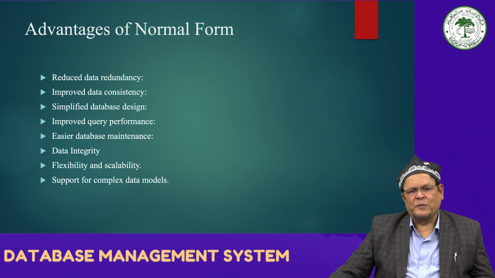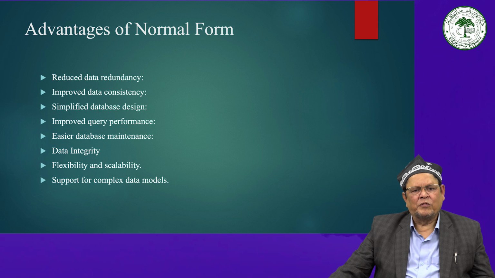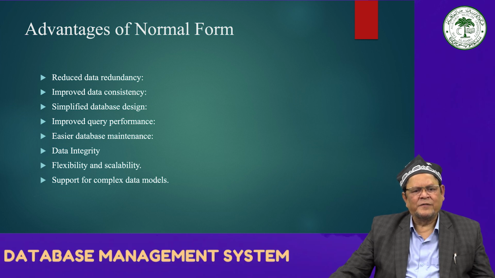Normalized tables are typically easier to search and retrieve data from, resulting in faster query performance. Next is easier database maintenance. Normalization reduces the complexity of a database by breaking it down into smaller, more manageable tables, making it easier to add, modify, and delete data.